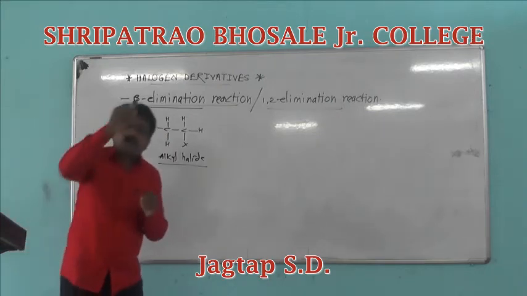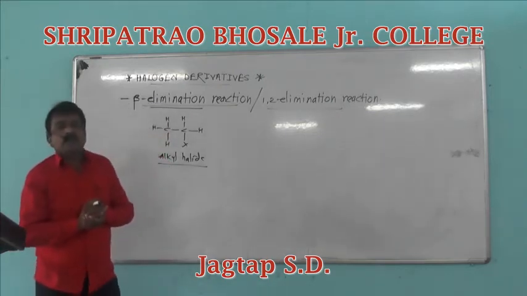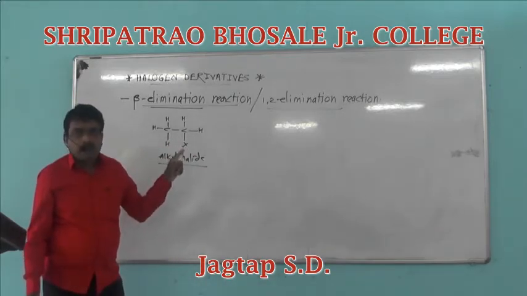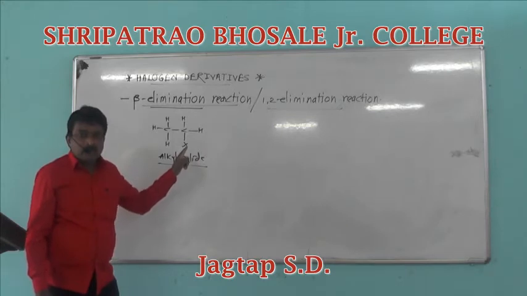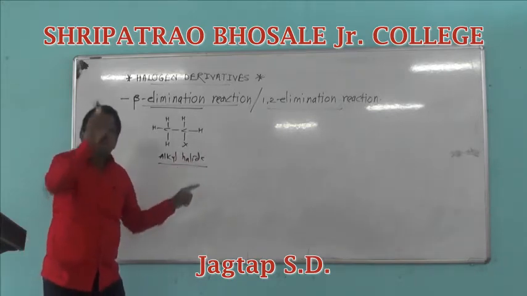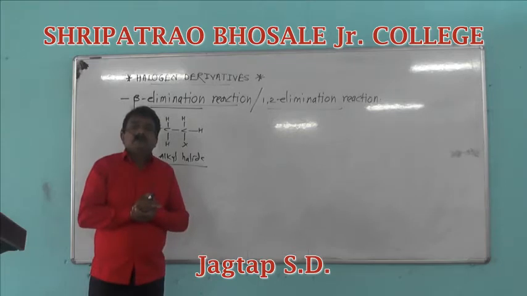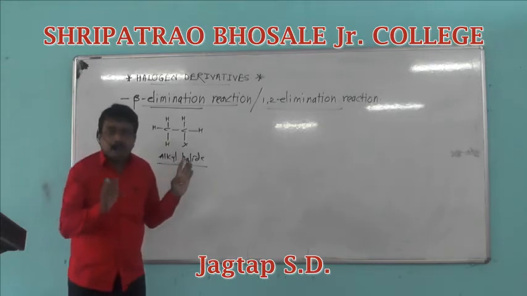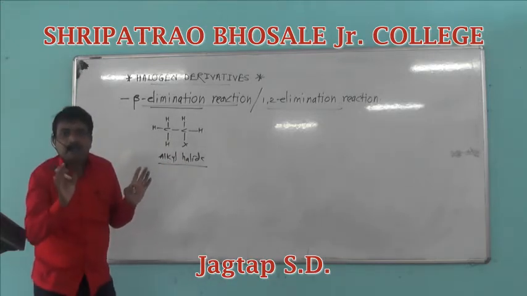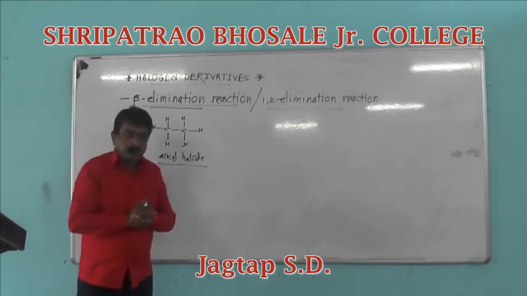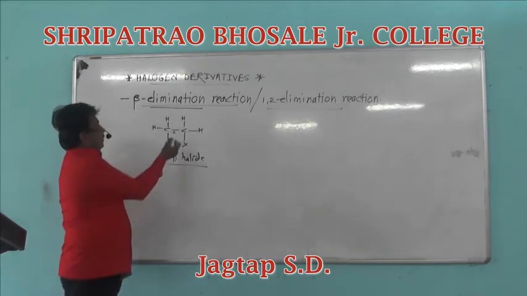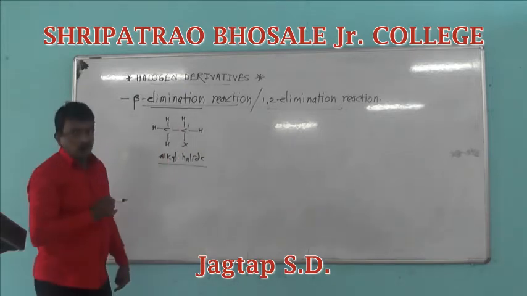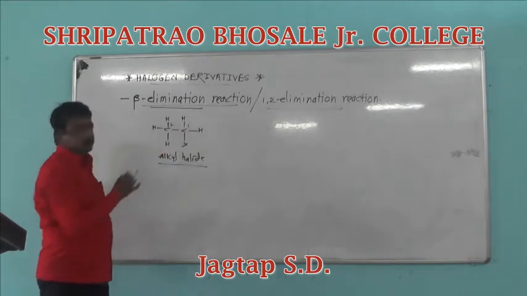But according to the IUPAC system, alkyl halides are named as haloalkanes. Halo is the prefix, used before the name of the corresponding alkane. The position of the halogen atom is indicated by the lowest possible number, so the numbering is done from the carbon carrying the halogen.